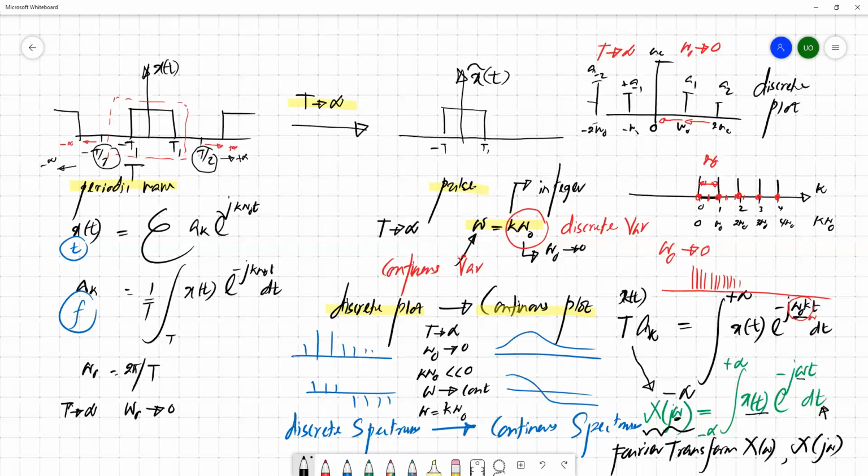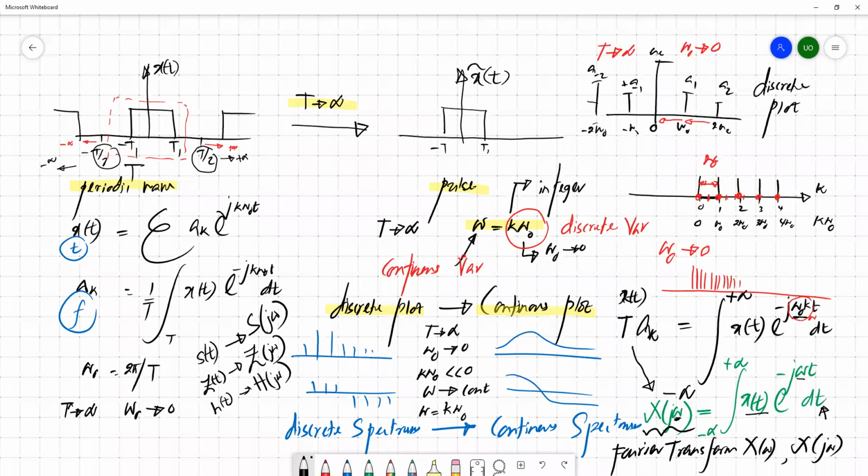So for example, if you have s(t), the Fourier transform would be S(j omega). If you have z(t), your Fourier transform would be capital Z(j omega). If you have h(t), the Fourier transform would be capital H(j omega).